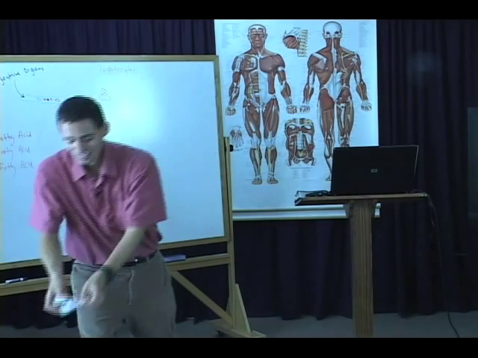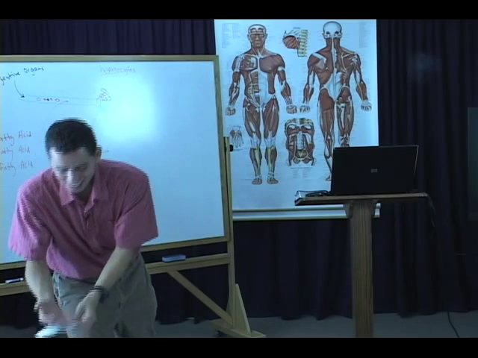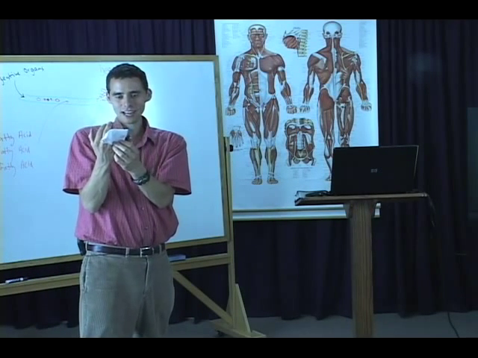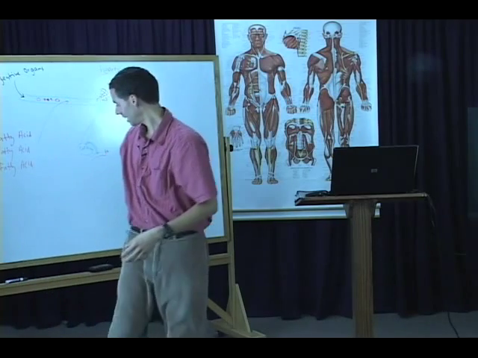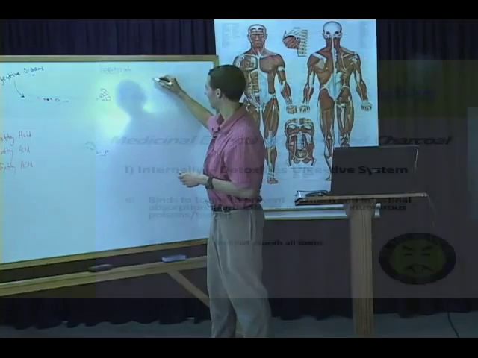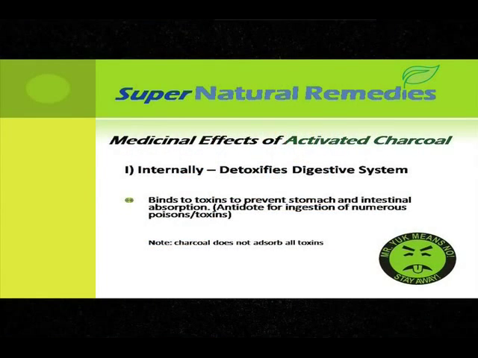What happens with charcoal is the toxin gets stuck on the charcoal. It adsorbs. So you have adsorption, AD, not AB. You know what I'm talking about, right? Adsorption. So it binds to toxins to prevent stomach and intestinal absorption.